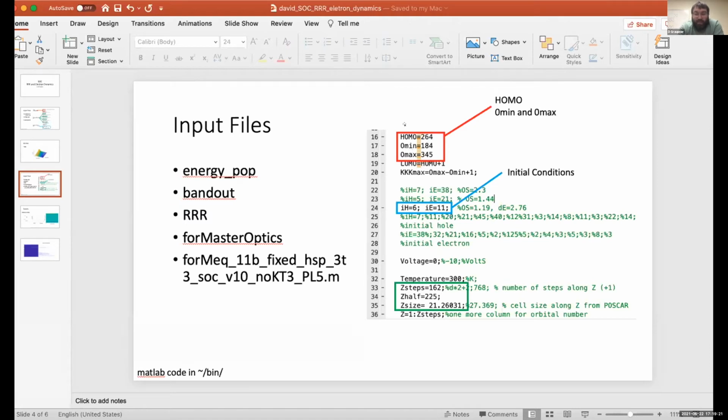And much like the last code, we have the HOMO, OMIN, and OMAX, which should be identical to the previous one. And then in my blue box here, I have the IH and the IE parameters that Dimitri and Yulin talked about a little bit. In this case, I have IH equals 6 and IE equals 11. So what I'm looking at is HOMO minus 5 to LUMO plus 10.